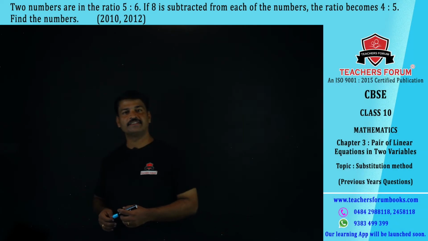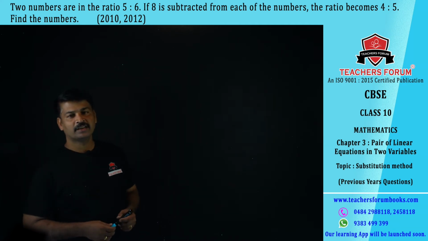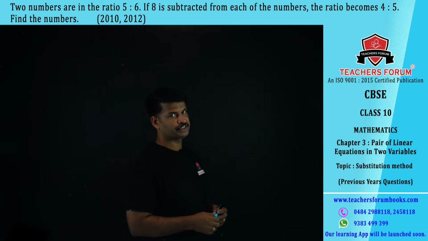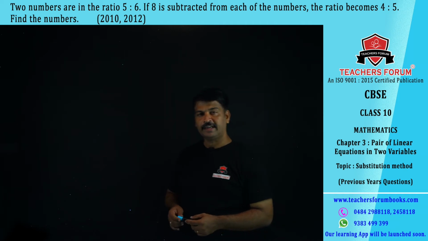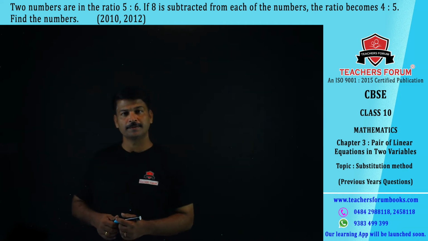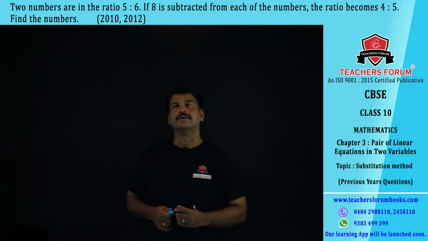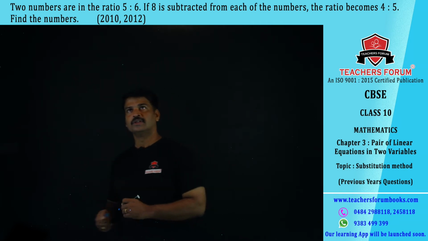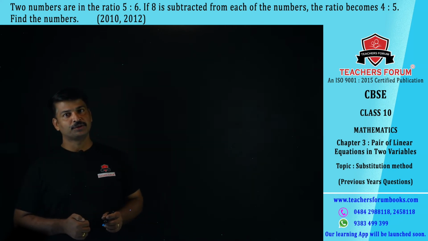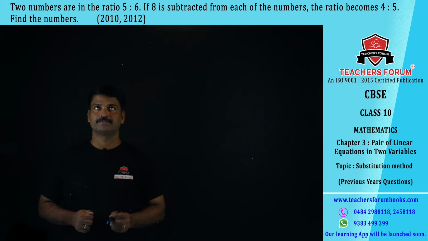Here in the question it is given that 2 numbers are in the ratio 5:6, and if 8 is subtracted from each number, the ratio becomes 4:5. Okay, we have to find the numbers. 2 numbers are in the ratio 5:6.